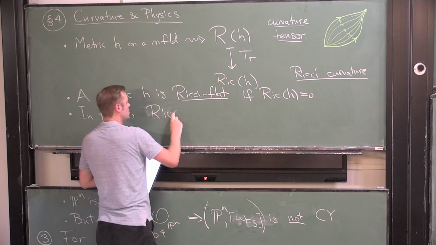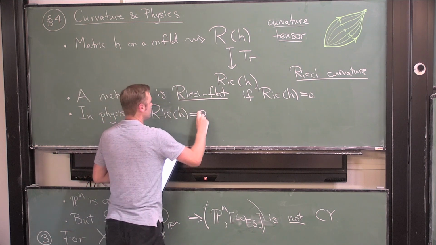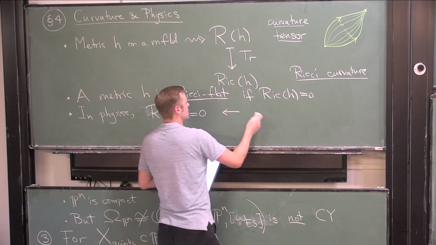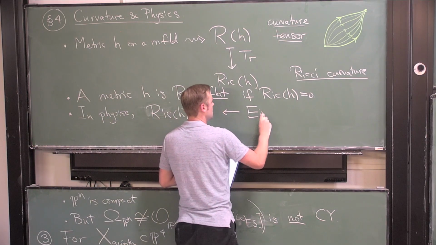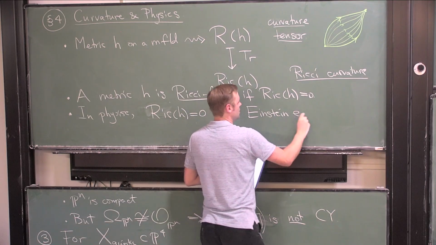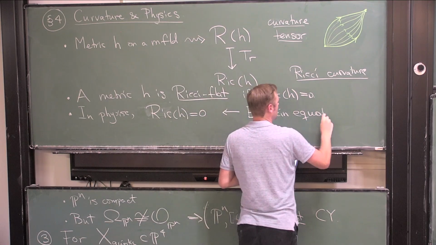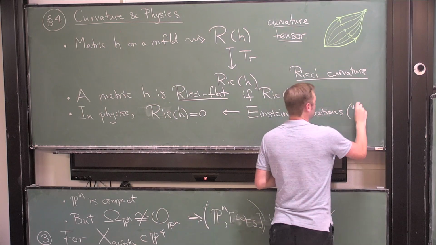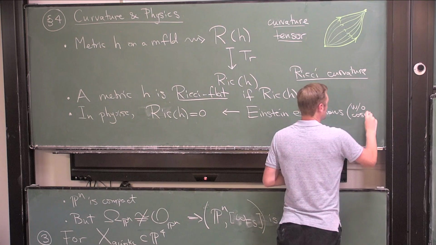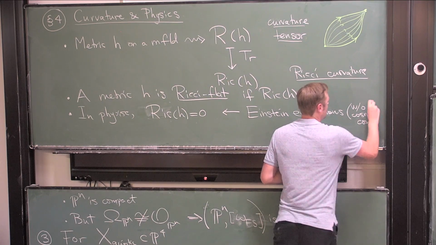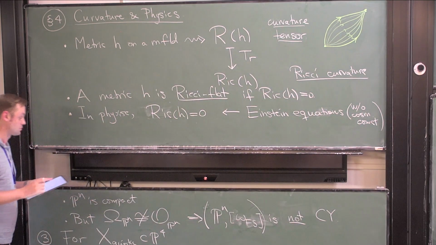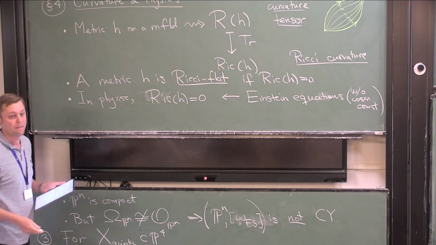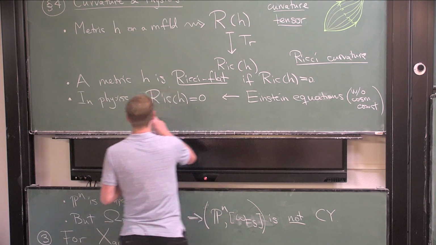This equation, Ricci curvature of 0, is nothing but the Einstein equations, without the cosmological constant. In the vacuum, yeah, so that's a qualifier.